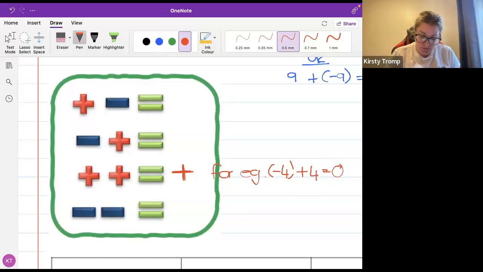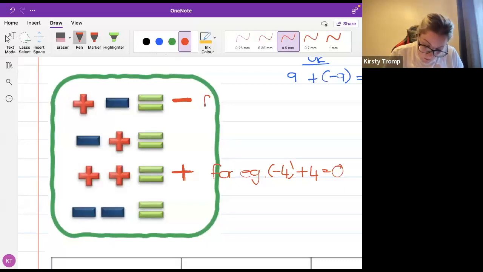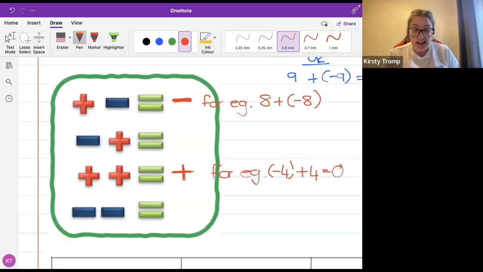This is a really nice thing for you to screenshot, guys. It's very useful. If I see a positive and a negative sign next to each other, I know that the answer is always going to give me a negative. So for example, when I saw 8 plus negative 8, what did that mean?